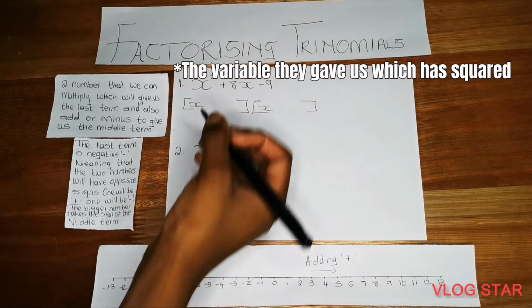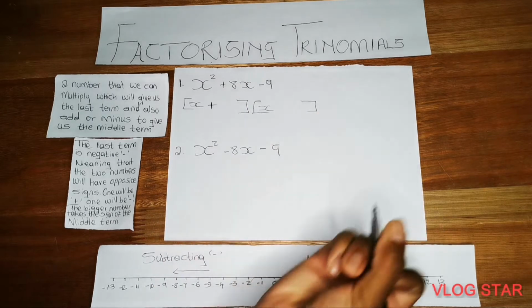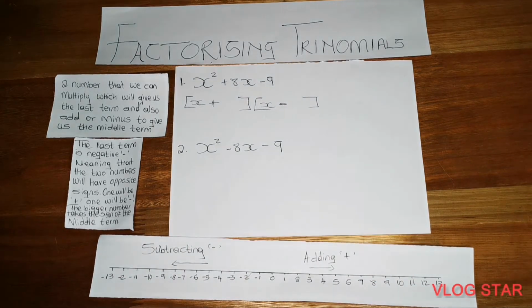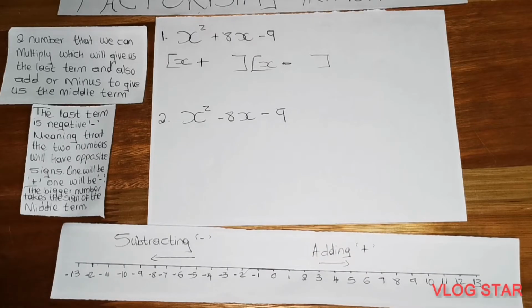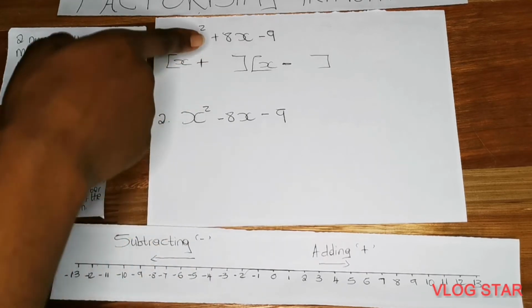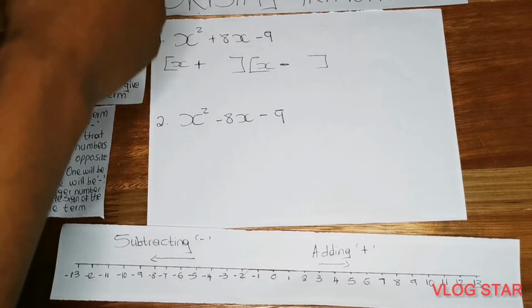Now one number is going to take the positive sign, and one number is going to take the negative sign. So which number is going to take the positive sign? The bigger number is going to take the positive sign. Why? Because it is the sign of the middle term.